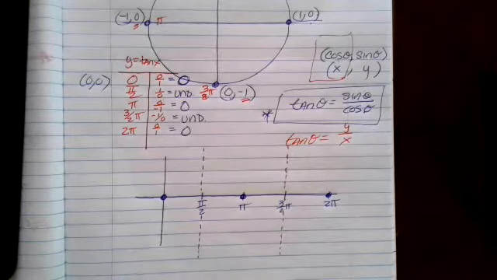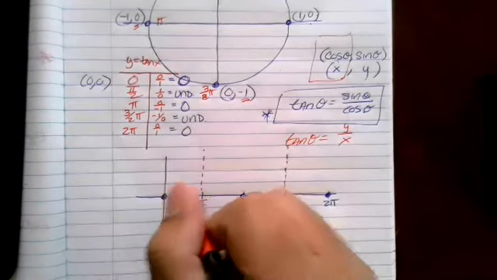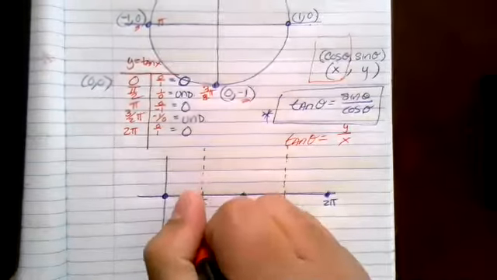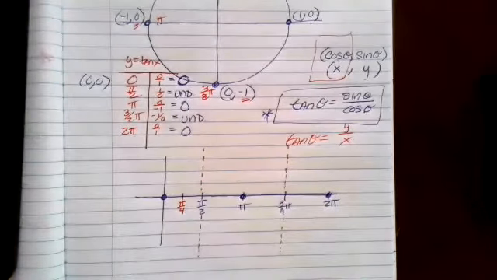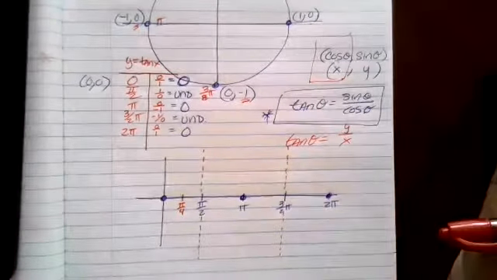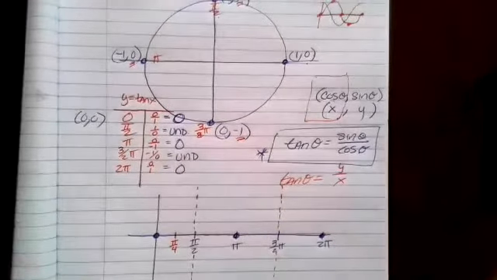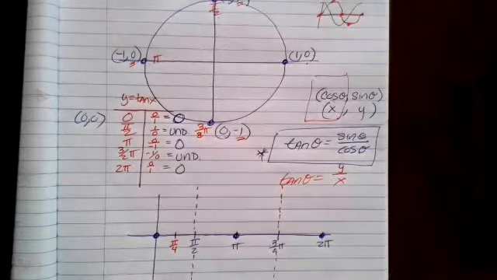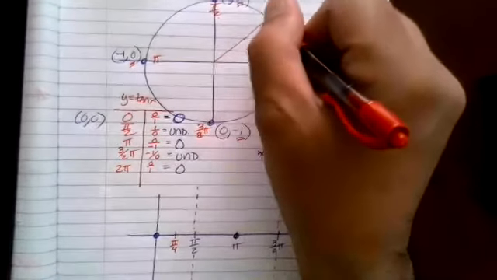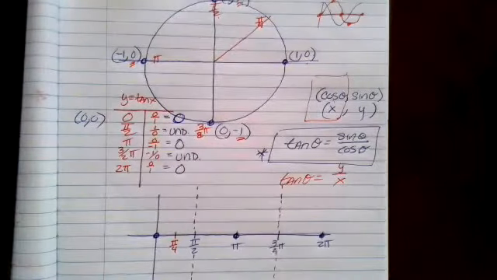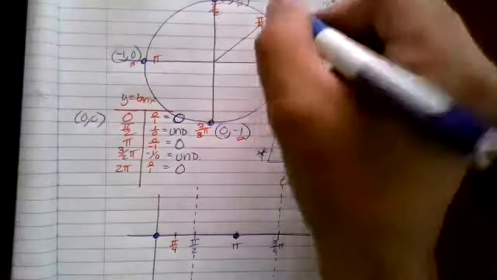So maybe we should look for another point in between a point we found and this asymptote. Let's look at 1/4 pi. Where would 1/4 pi be on my unit circle? Right here. And what would be the coordinates of 1/4 pi?